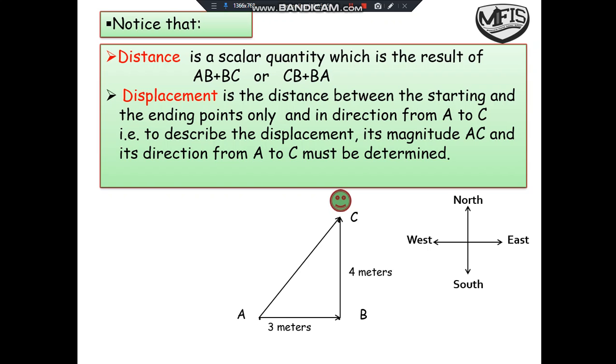So we call the displacement by magnitude and a direction: the magnitude AC, and the direction from A to C. So displacement is a vector quantity which is the distance covered in a certain direction.